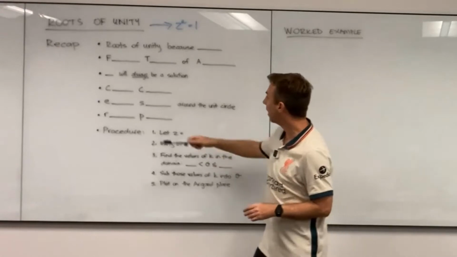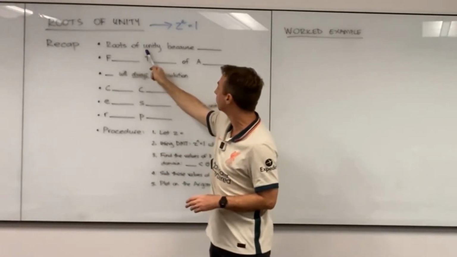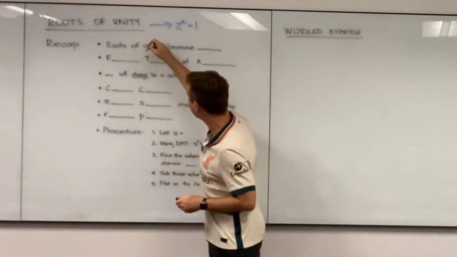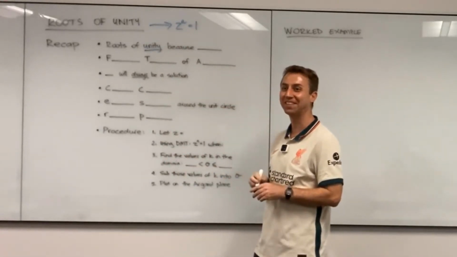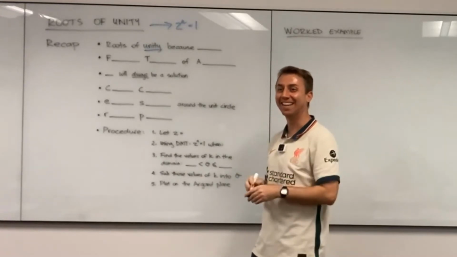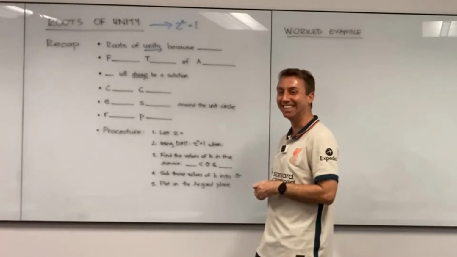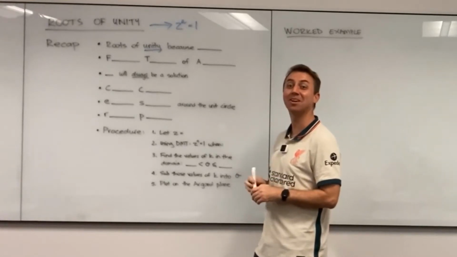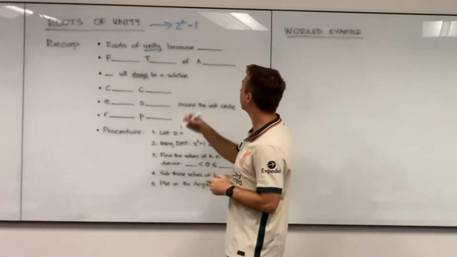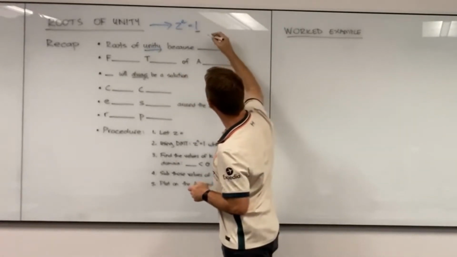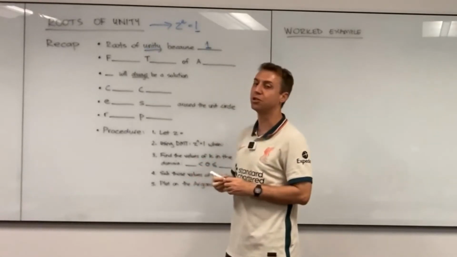Feel free to yell out as these jump to you, but does anyone remember why we call it roots of unity? What's the reason for this name? Mary, any ideas? Yeah, because we're dealing with the number 1 here, and you can think of 1 as the unitary number.